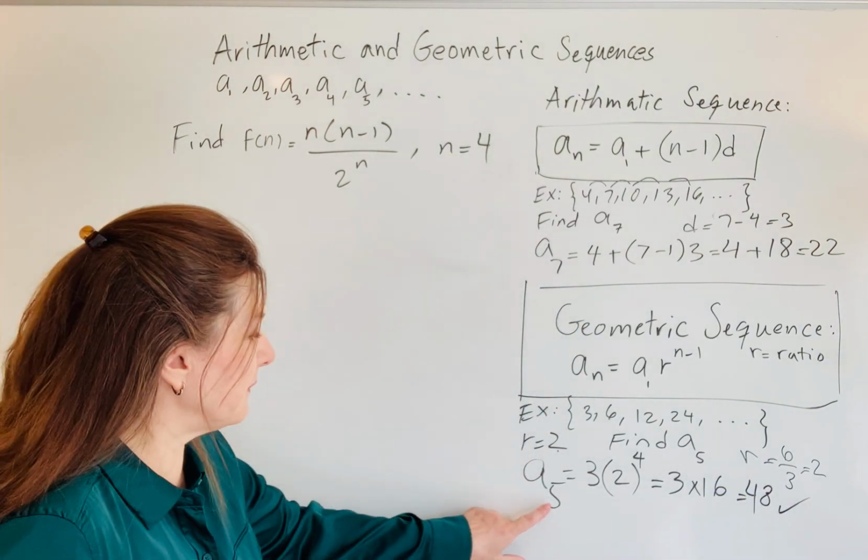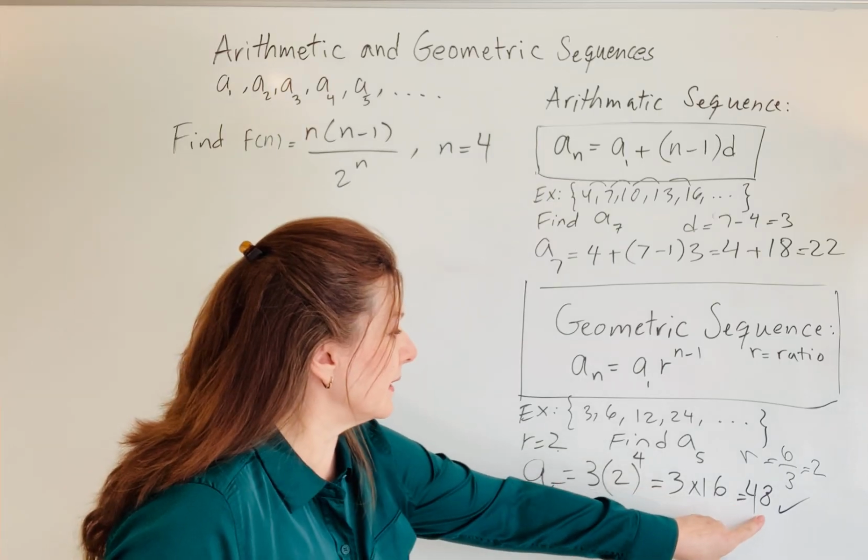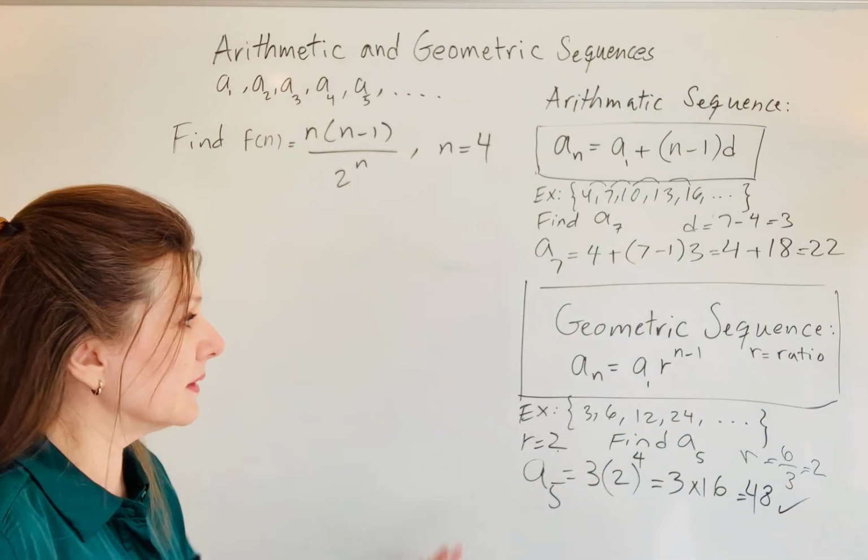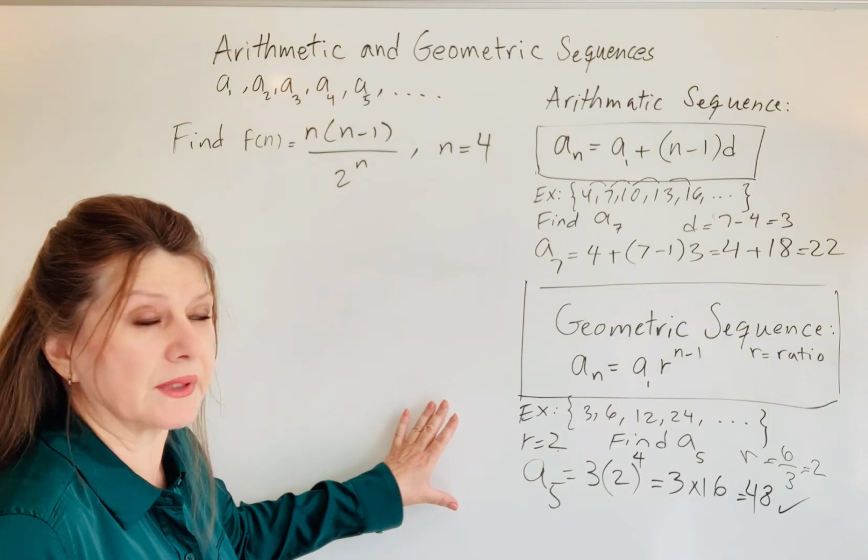Yes, the fifth term of this one is 48 because 24 times 2 gets 48. These were very simple examples.